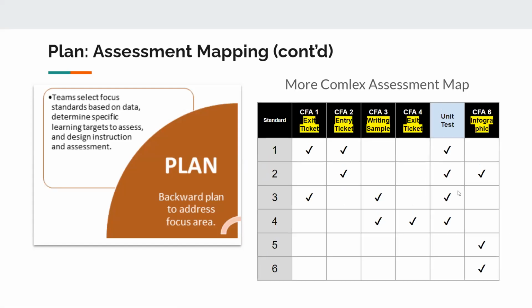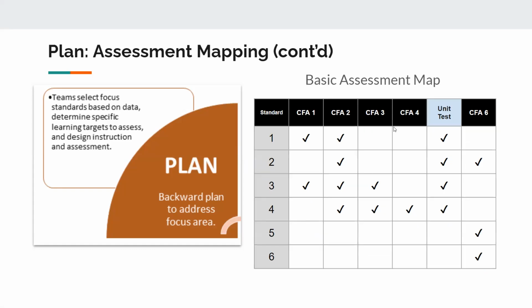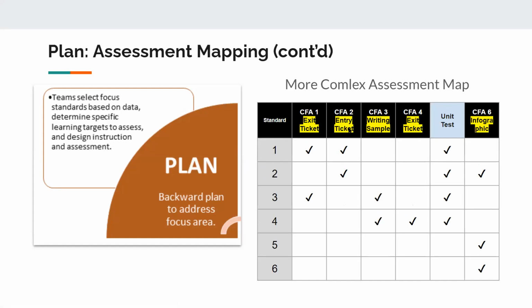Now here's a more complex assessment map, and what I'll point out here is that it's the same as the one before it, except here you're going to see it lists how these standards will be assessed. So standards 1 and 3 are going to be assessed using an exit ticket. CFA 2 is going to assess using an entry ticket.